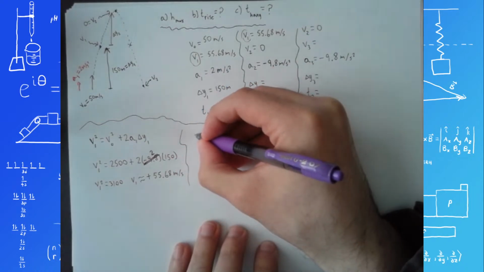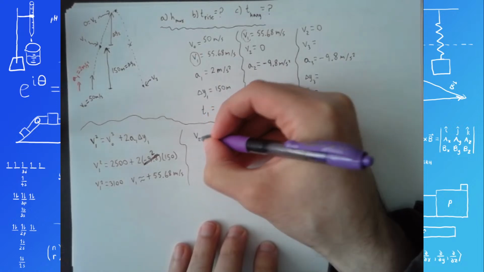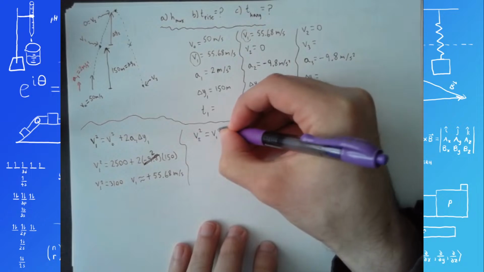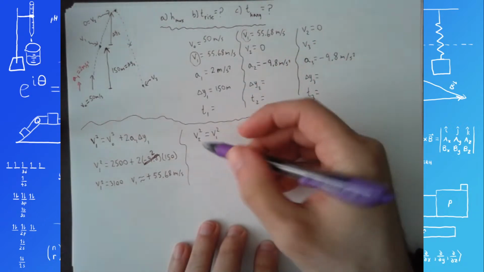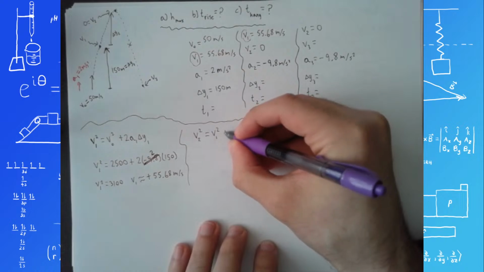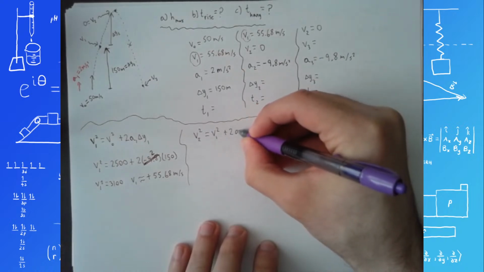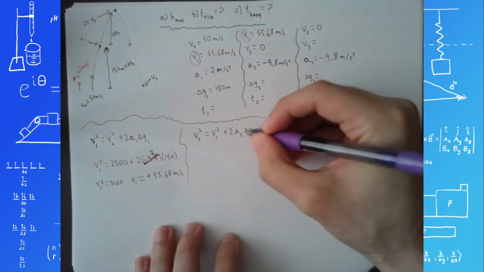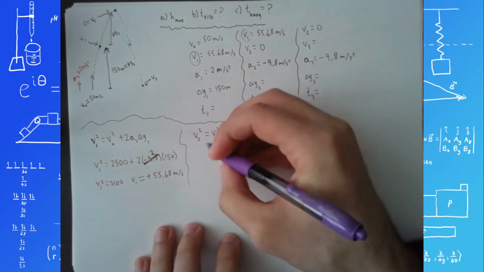So this time it's going to be v2 that is the next velocity, and v1 is considered the previous velocity. So v2 squared equals v1 squared plus 2 times acceleration 2 times delta y2. Okay, this acceleration is going to be negative 9.8.